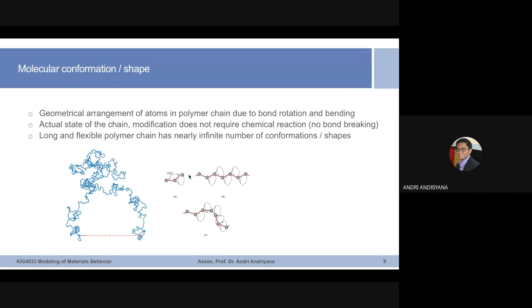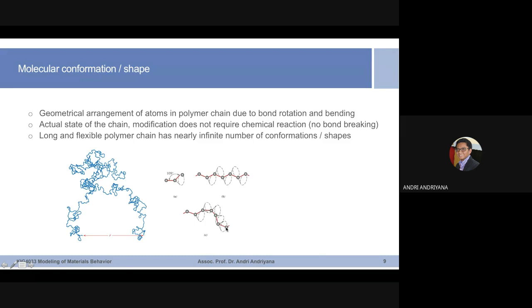If I now illustrate the straight polymer backbone in the form of a zigzag pattern, each of the atoms can rotate with respect to the atomic bonding in the previous connections. These atoms can rotate about this axis. This atom can rotate about this axis, and so on. So when you disturb the shape of the polymeric chains, the atoms will rotate and bend, and finally have this shape.